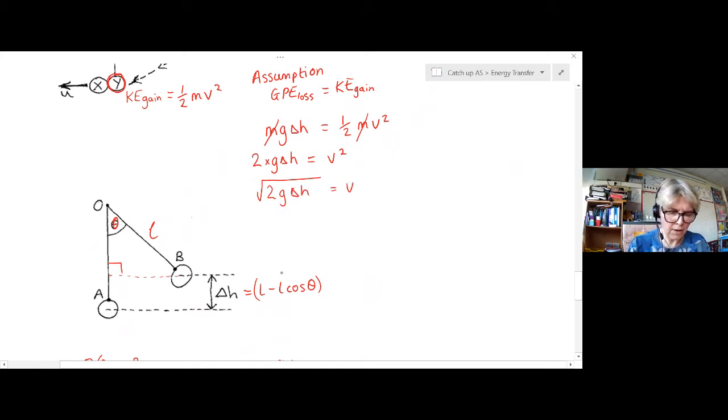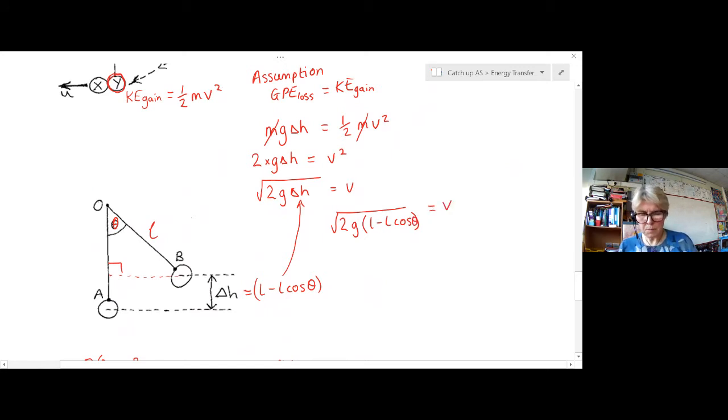Now I've got a value for delta h from knowing the length and the angle, so I can put in square root 2g brackets L minus L cos theta. Yes, you can take L out, so you could have L brackets 1 minus cos theta equals v.